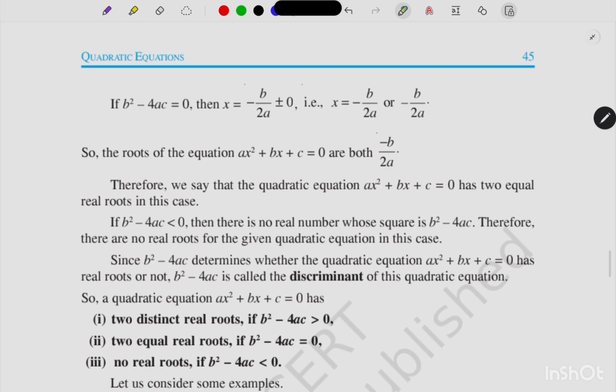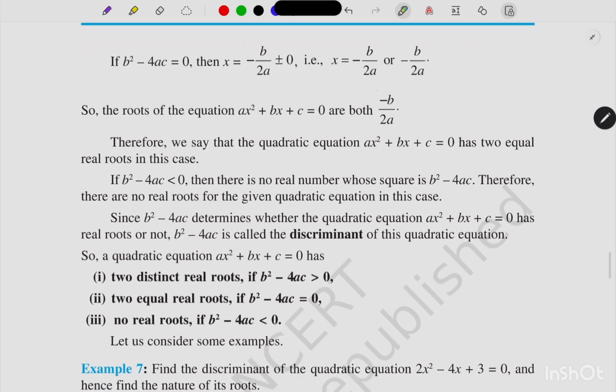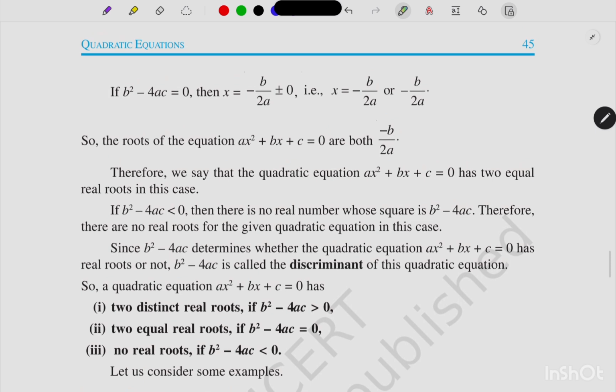But in case b square minus 4ac is equal to 0, then the roots of the equation are both equal, but again real. Therefore we say that the quadratic equation ax square plus bx plus c has two equal real roots when b square minus 4ac is 0.